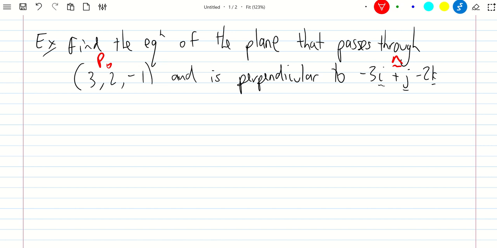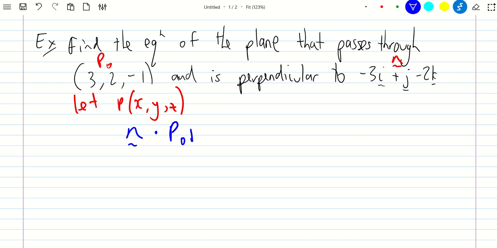Let's say we have a point P being x, y, z, somewhere on the plane. Then we're going to have N dot P naught P is equal to 0. So let's have a look at what P naught P is.